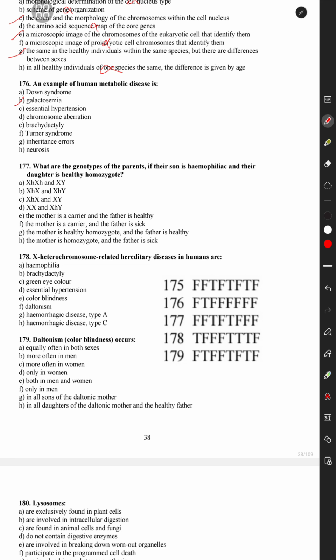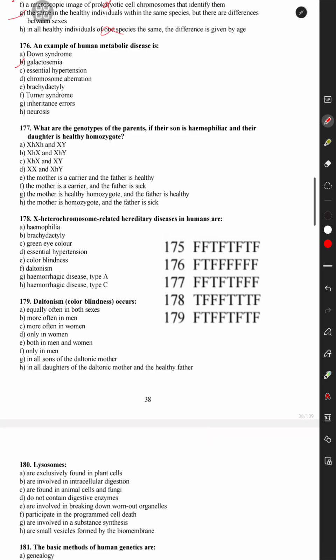Okay, shukr, alhamdulillah. What are the genotypes of the parents if their son is hemophiliac and their daughter is a healthy homozygote? Son is hemophiliac, daughter is a healthy homozygote. So healthy. Oh, अच्छा, healthy दोनों नहीं हो सकते, ये गलत है.